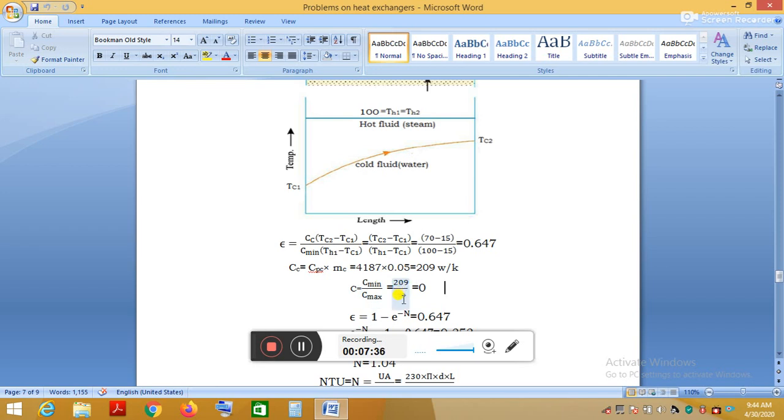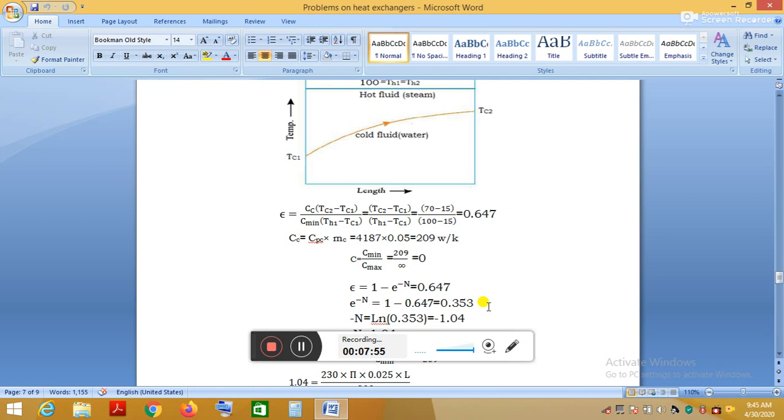Any value divided by infinity we will get 0. That means the heat capacity ratio, the capacity ratio C, which is defined as the ratio of C minimum by C max, becomes 0.